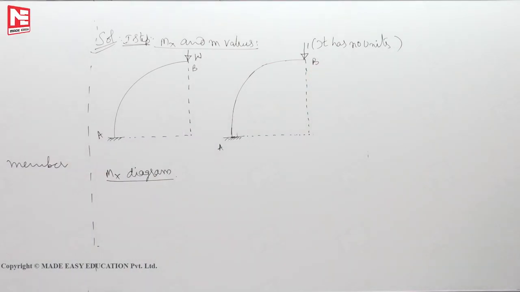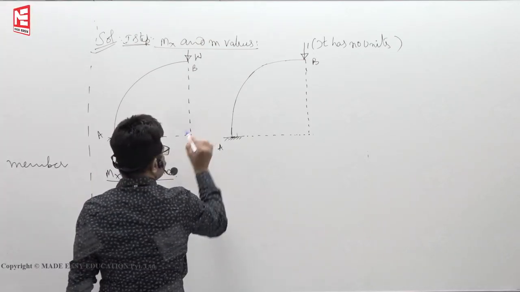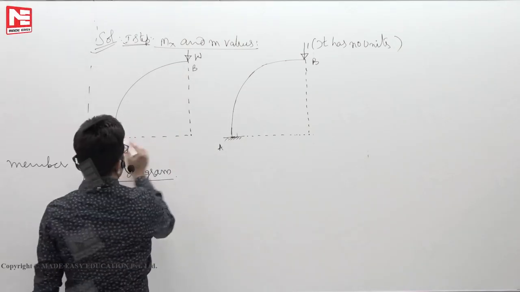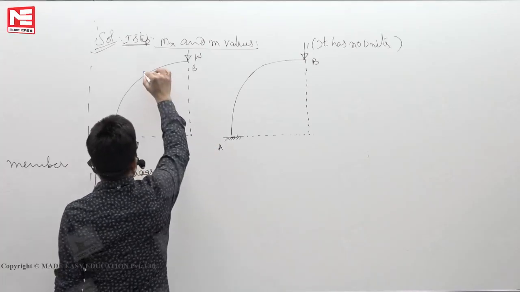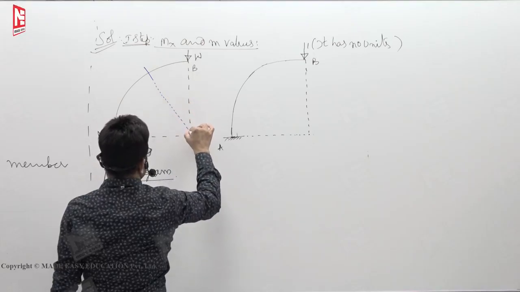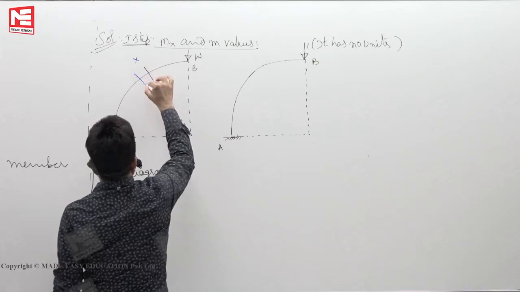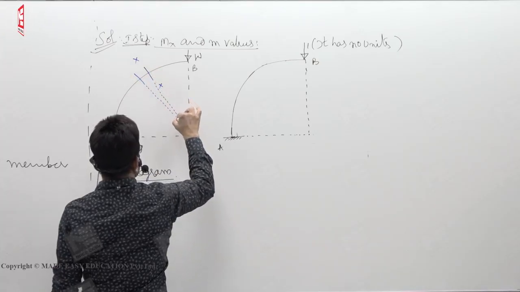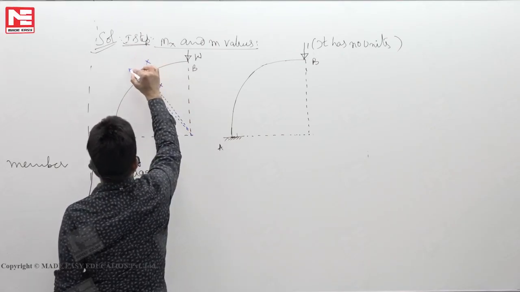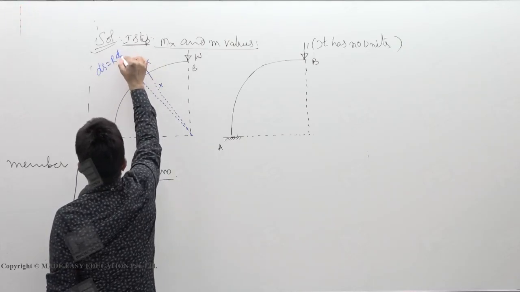Now what is the meaning of taking a curved element is like this. From wherever the beginning and end of the arc are, when you drop the normals, they meet here. Now you take a section xx here like this, and another section here. This curved element is ds, nothing but r into d theta.